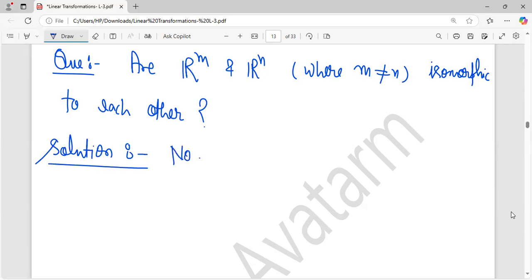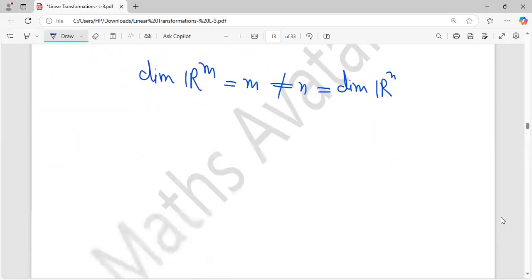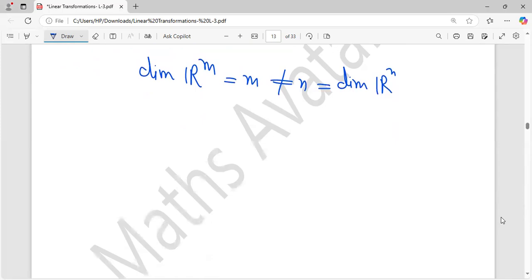Answer is no. So the dimension of Rm is equal to m, that is not equal to n. And what is the dimension of Rn? It is n. So this implies the dimension of Rm is not equal to the dimension of Rn.